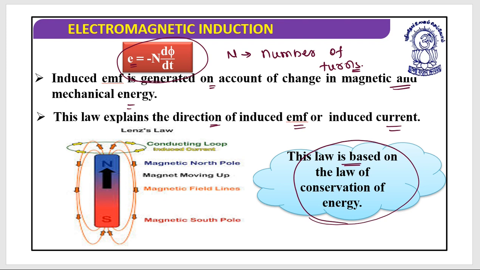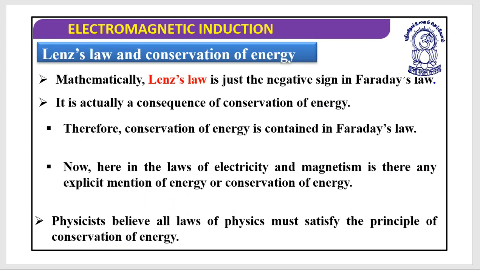Always remember this. Let's discuss something related to Lenz's law and conservation of energy. Mathematically, Lenz's law is just the negative sign in Faraday's law. It is actually a consequence of conservation of energy.